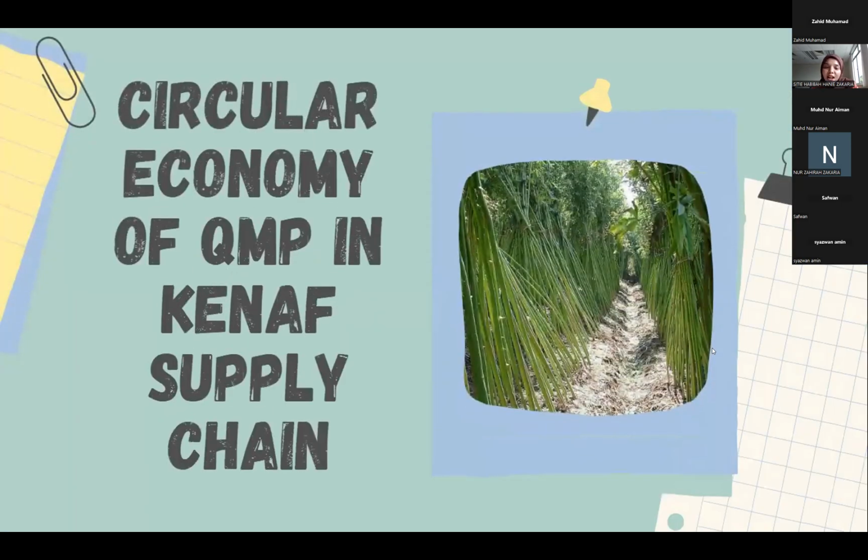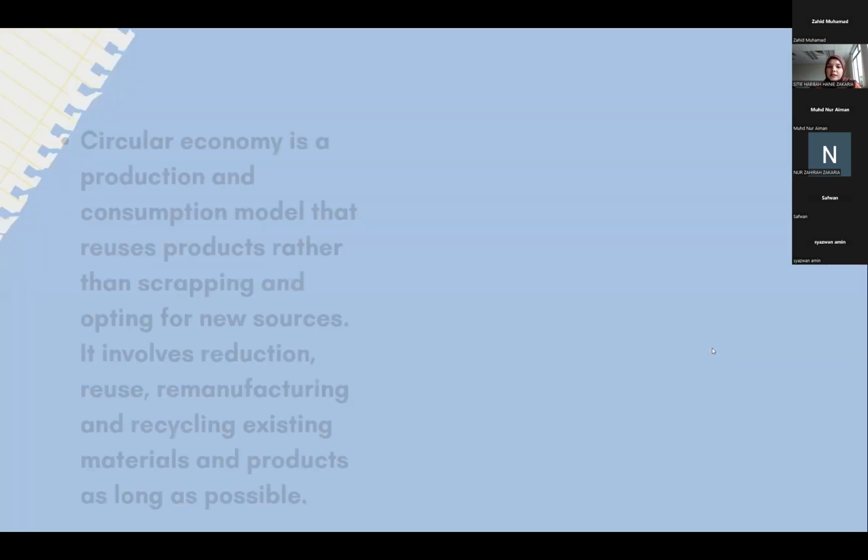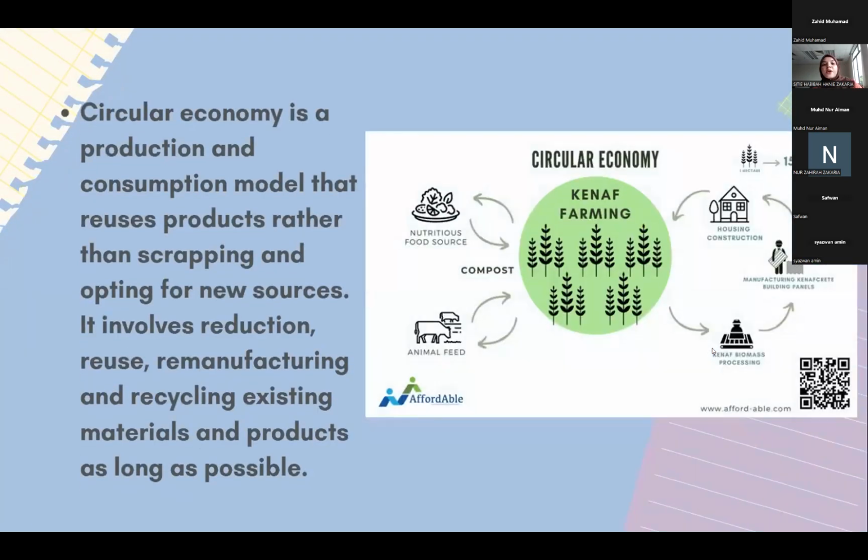Okay, for circular economy of quality management practices in Kenaf supply chain. Circular economy is a production and consumption model that reuses products rather than scrapping and opting for new sources.